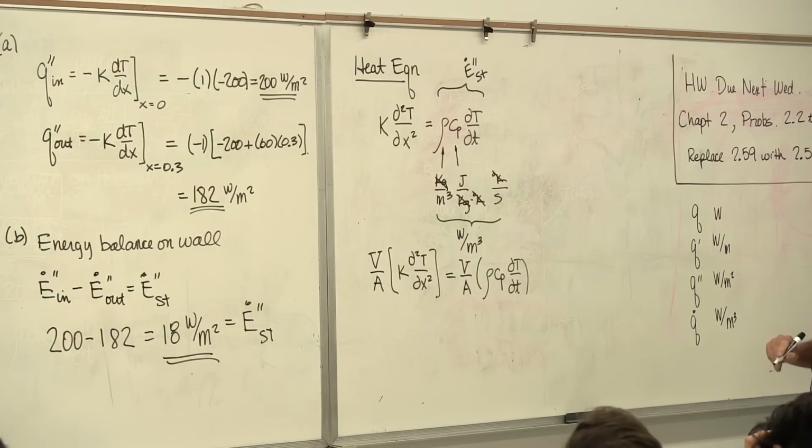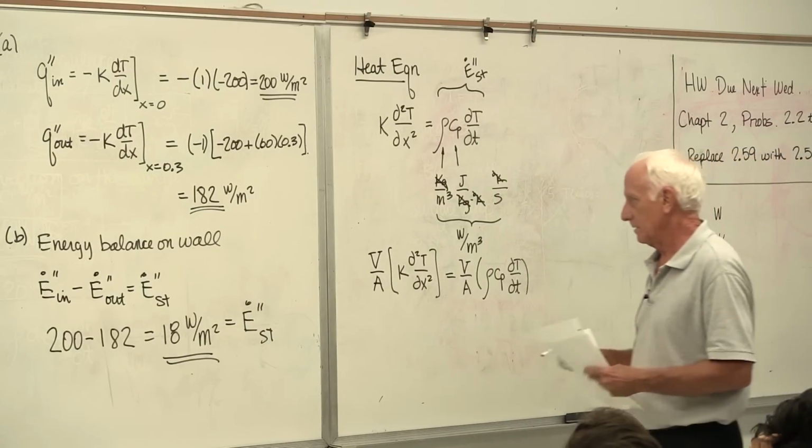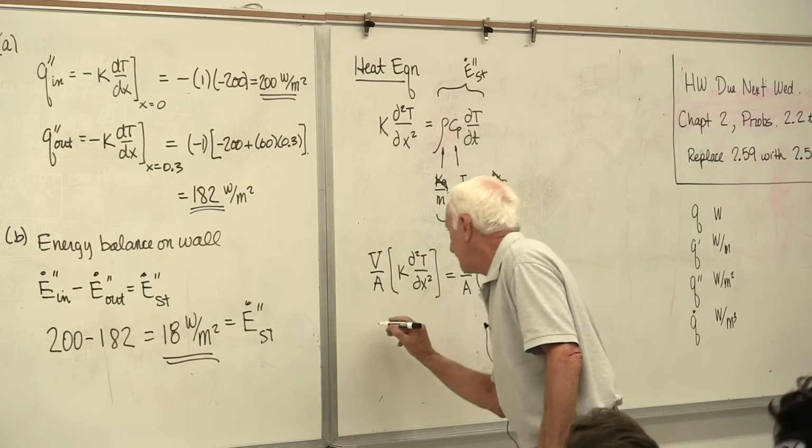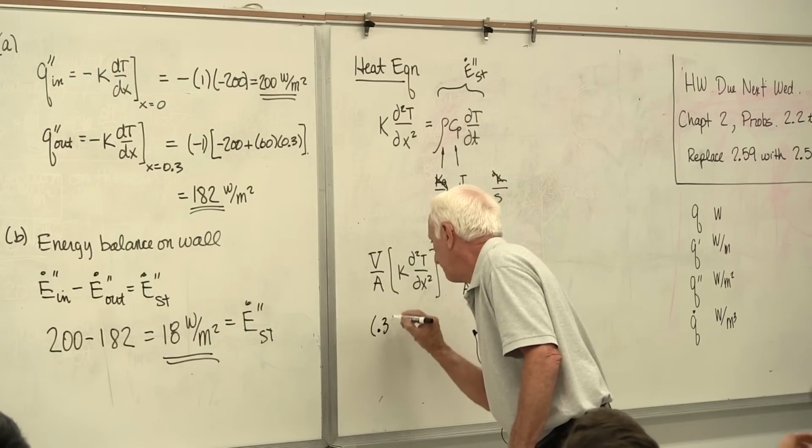Volume is A times 0.3, so this becomes 0.3.